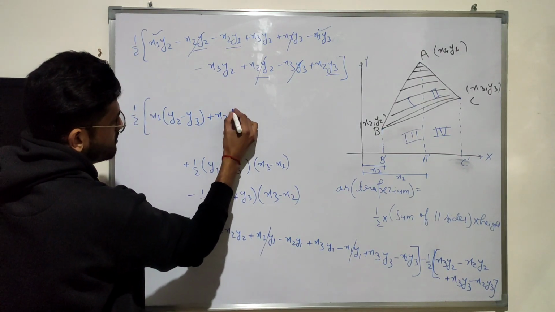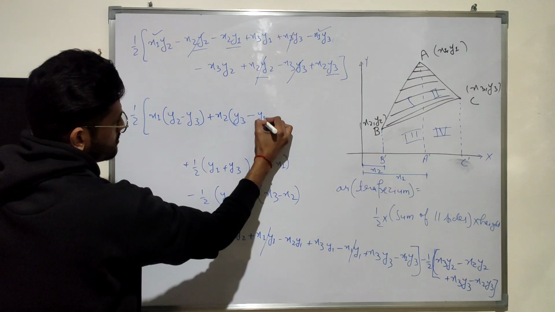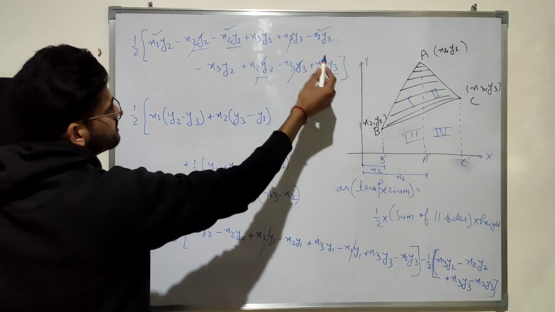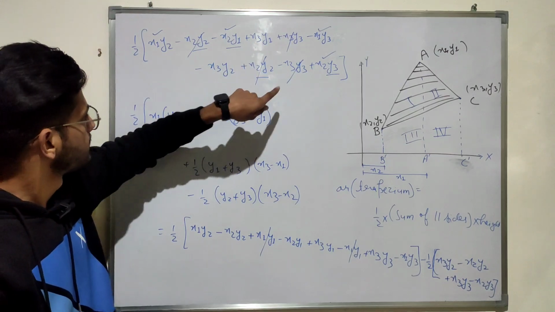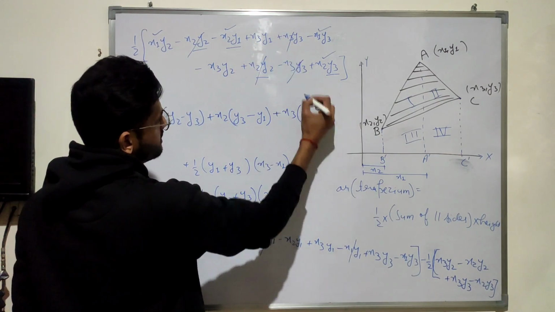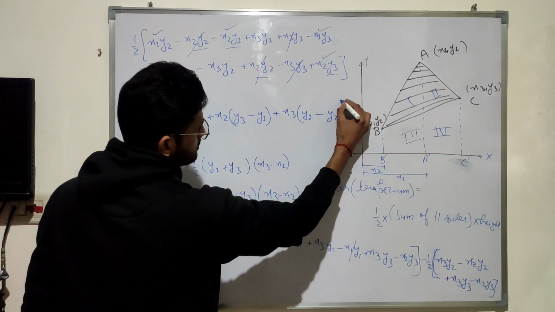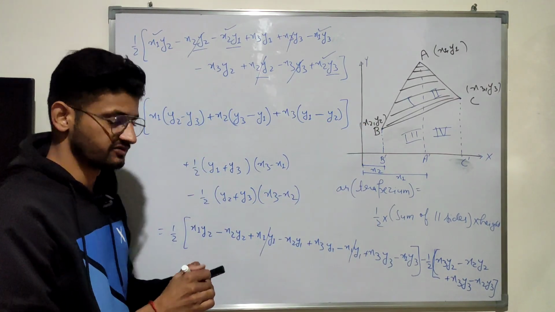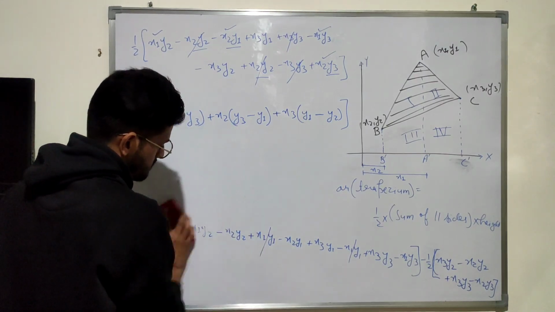We will take x2 as common and write y3 minus y1. What is remaining is x3y1 and x3y2. We take x3 as common, so we get y1 minus y2. This is the final result which we were trying to achieve. So finally we got the result.